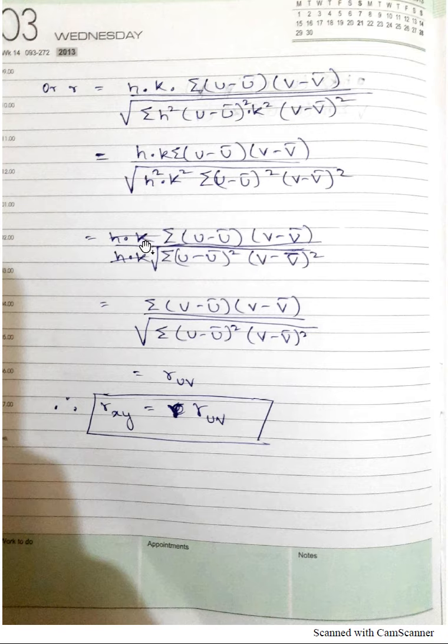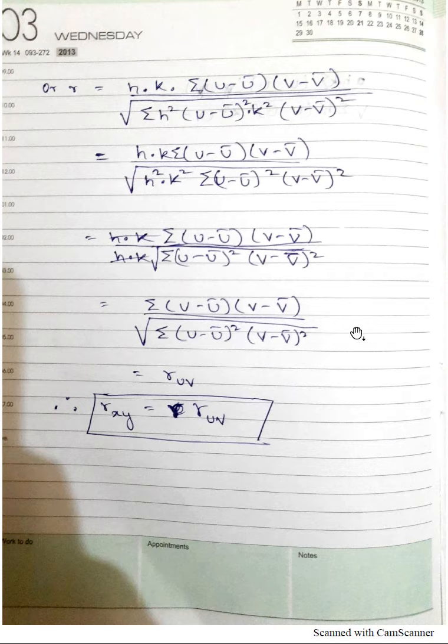So hk and hk get cancelled. This will be equal to summation u minus u bar into v minus v bar divided by under root summation u minus u bar whole square into summation v minus v bar whole square. You will also have to write summation here.